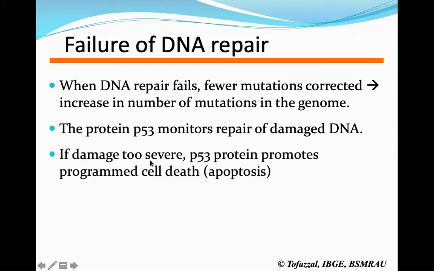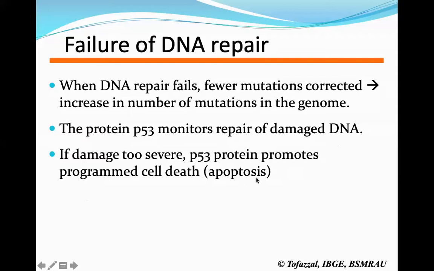If damage is too severe, P53 protein promotes programmed cell death. This is very important because if DNA repair somehow fails, then P53 monitors and checks it, just like proofreading, and then it promotes programmed cell death or apoptosis.